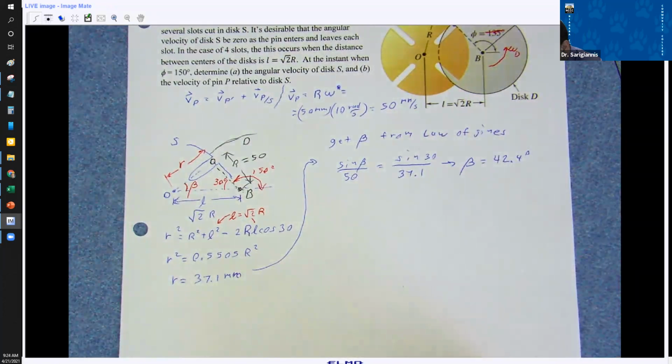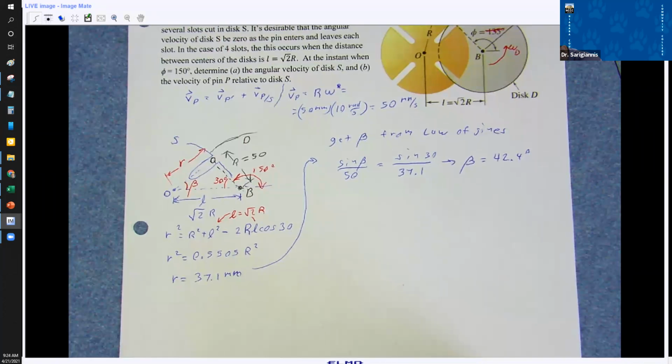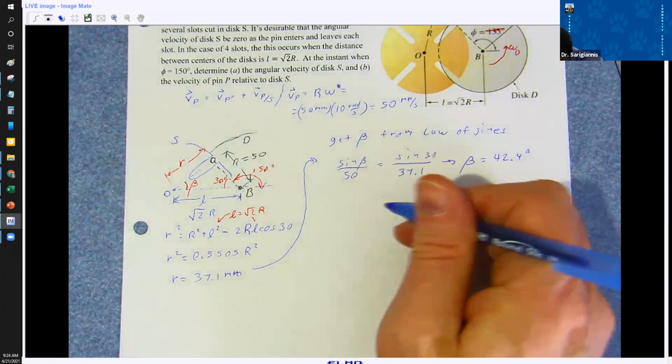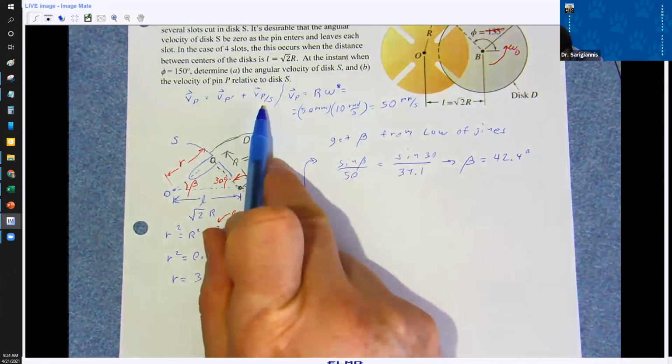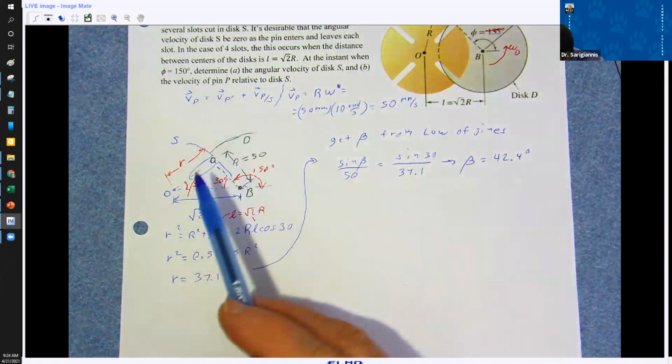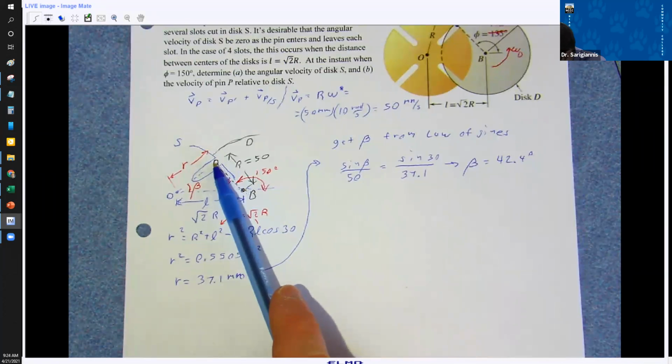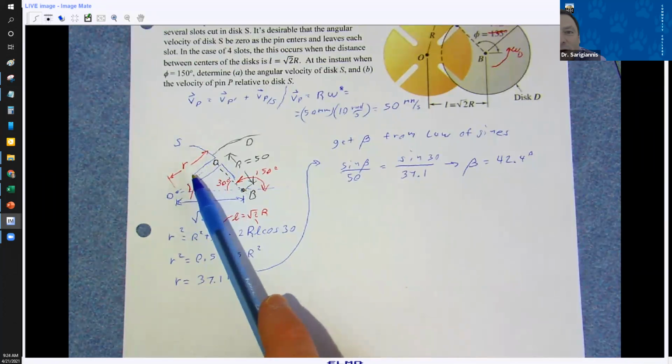Now, I want to draw out some vectors here. We have VP with respect to S, which is at that instant moving towards the origin, right?